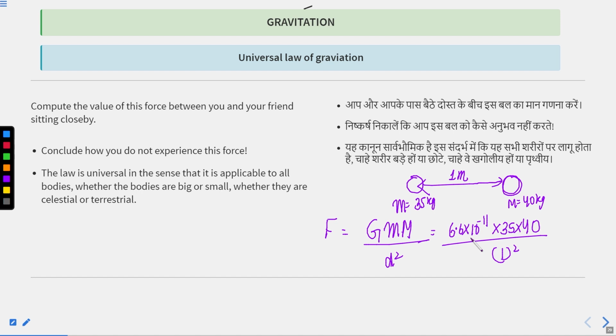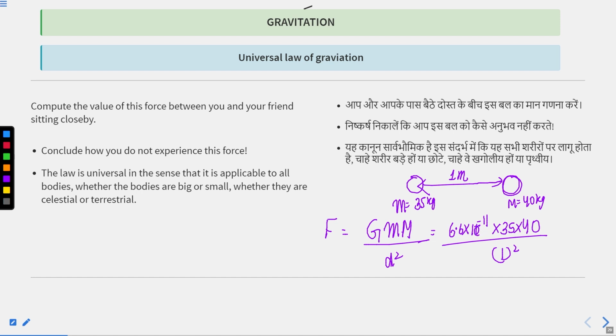Just simplify it and you will get the force of attraction between you and your friend. Because the universal law of gravitation is applicable to every body, you can calculate the force of attraction between any two objects. You can try this fun activity with your friends and conclude why you do not experience this force in everyday life.